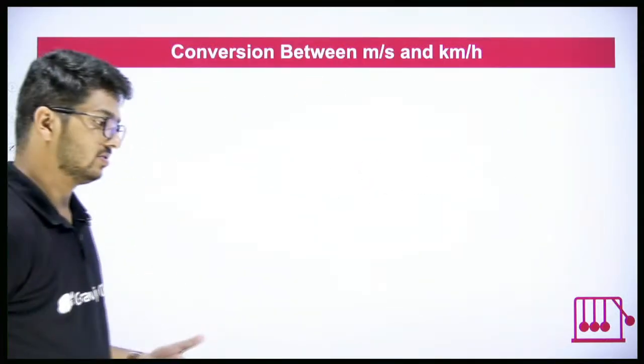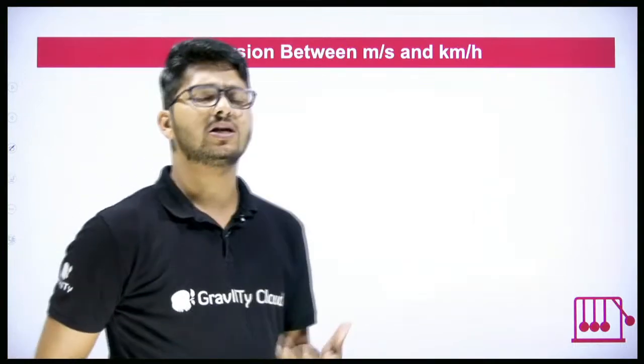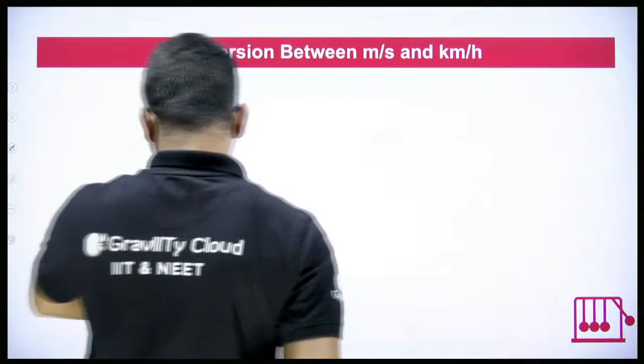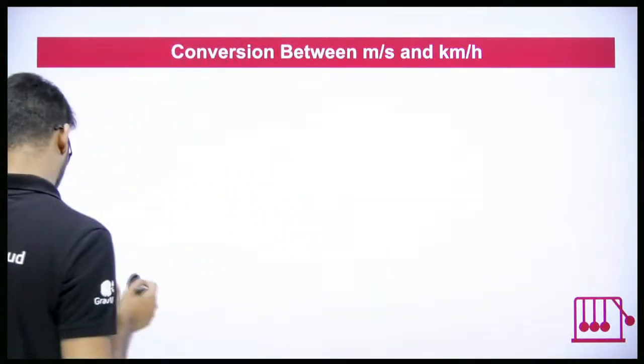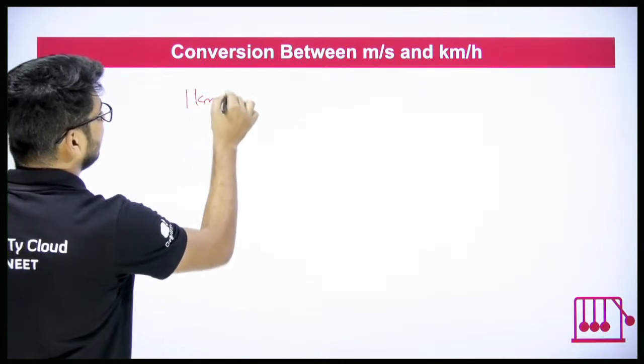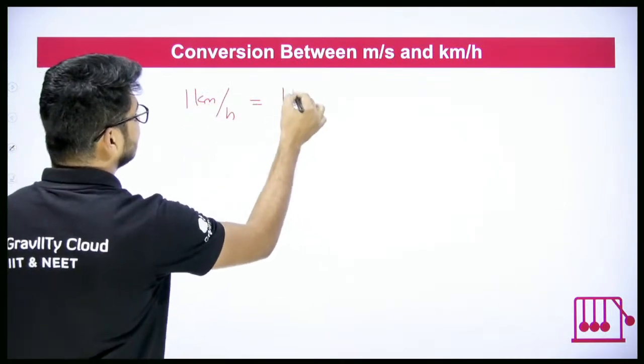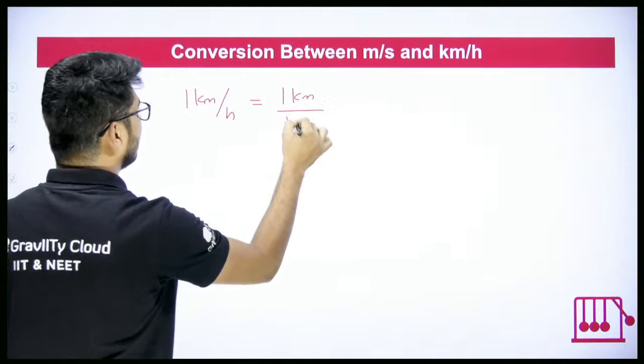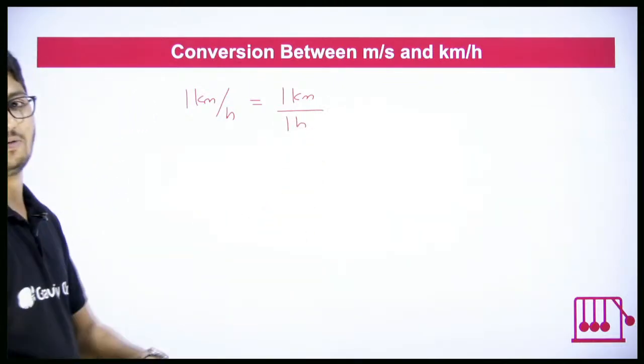Then we'll go into this. Now sir, mostly we come across speed in terms of kilometer per hour. But you are saying that the SI unit is meter per second. So what is the relation between kilometer per hour and meter per second? Let me show that to you. When I say 1 kilometer per hour, it is nothing but 1 kilometer divided by 1 hour.